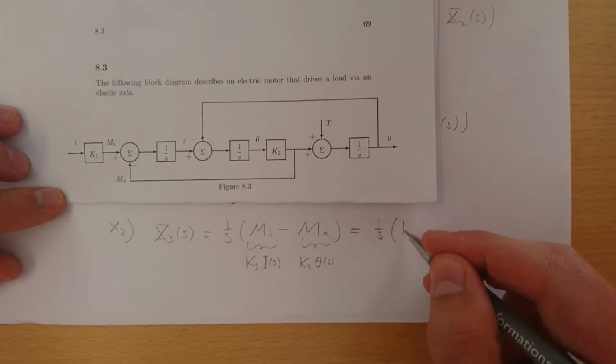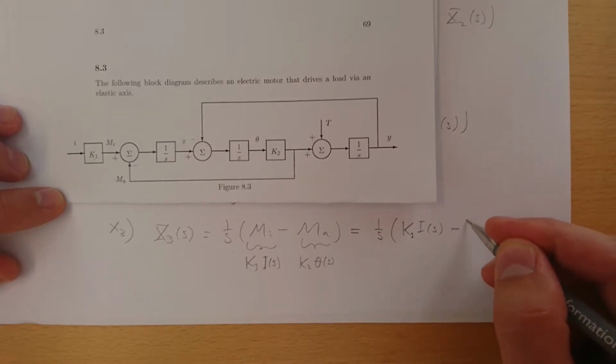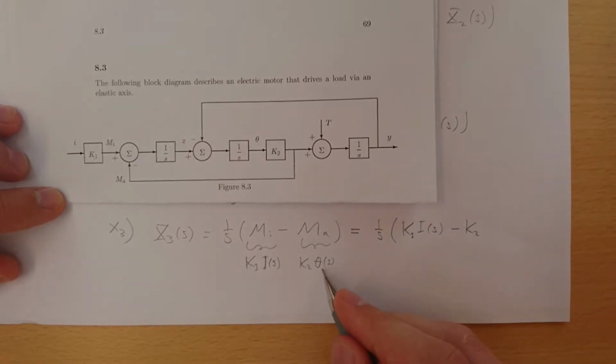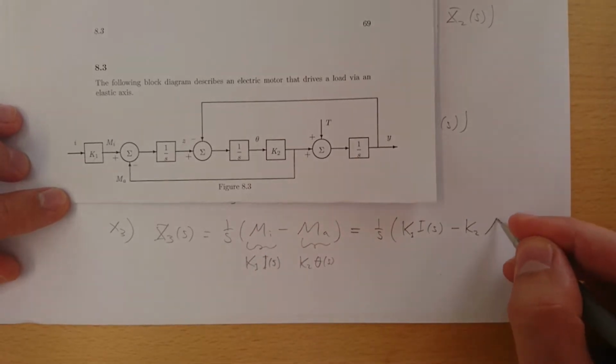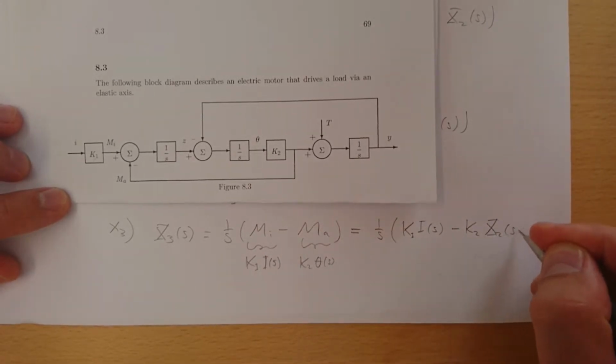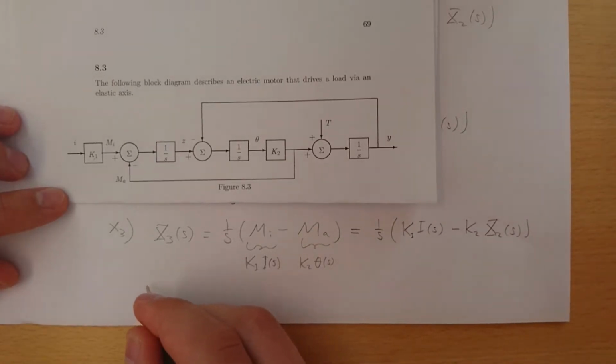So we have 1 over s times k1 times I of s, then minus k2 times theta of s, but theta of s is our second state, so that's x2 of s. And now we're doing exactly the same thing as before.